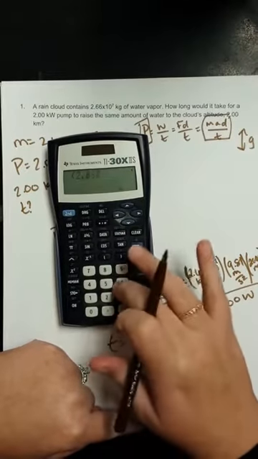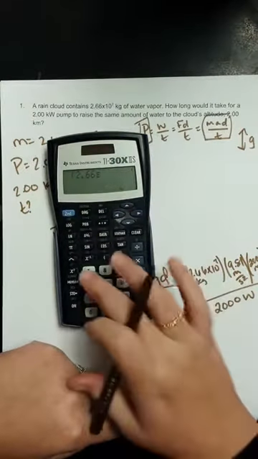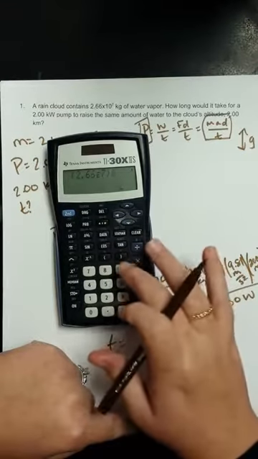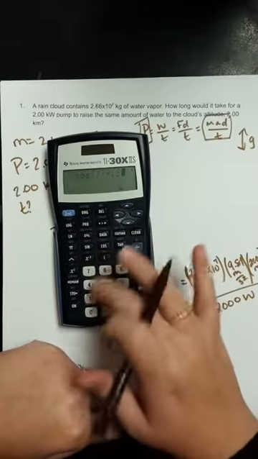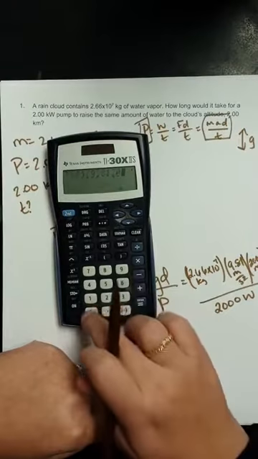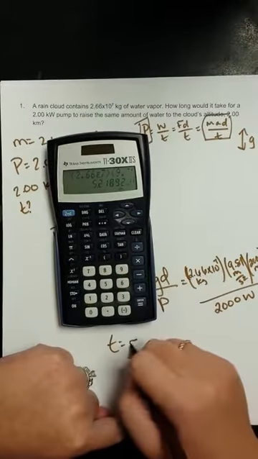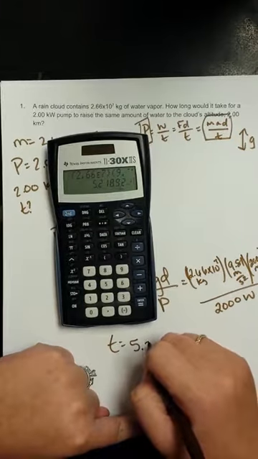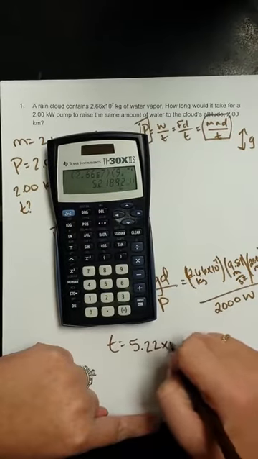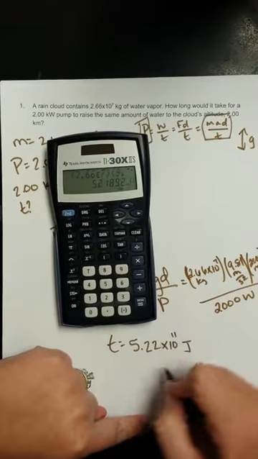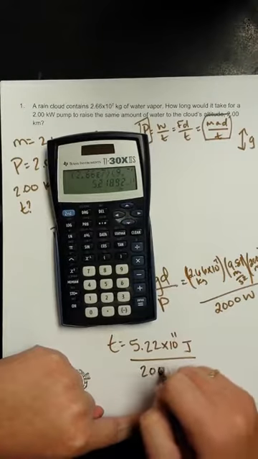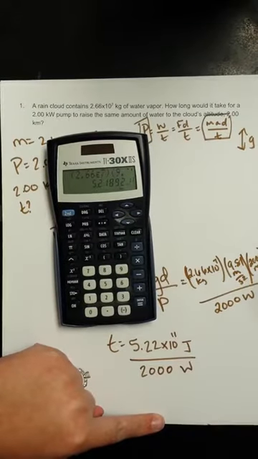So we have 2.66 times 10 to the 7th times 9.81 times 2,000. All right, and we get 5.22 times 10 to the 11th joules divided by 2,000 watts.